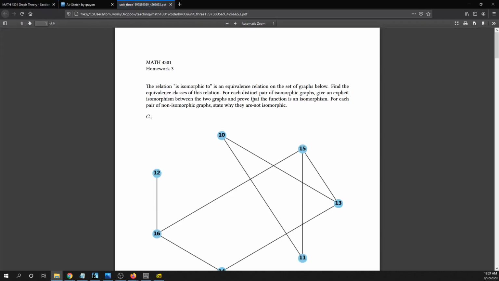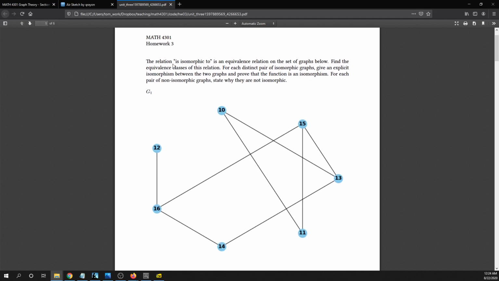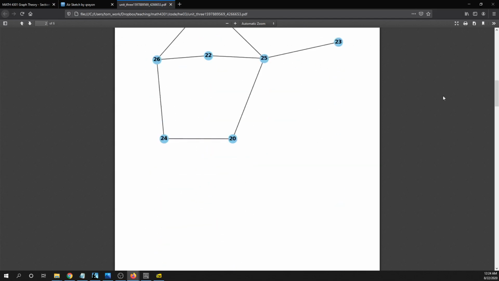Okay, so here is homework number 3. It says the relation is isomorphic to is an equivalence relation on the set of graphs below. Find the equivalence classes of this relation. So I think there's 6 graphs.